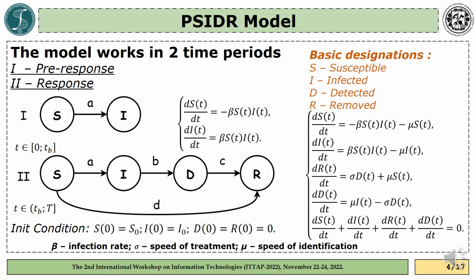In the first period we have two stages, S and I, and for this we have a system of two differential equations for S and I. In the second time period we have four stages and an ordinary system of four differential equations. On the left part of this slide we have the initial conditions for all equations at time t equal to 0.